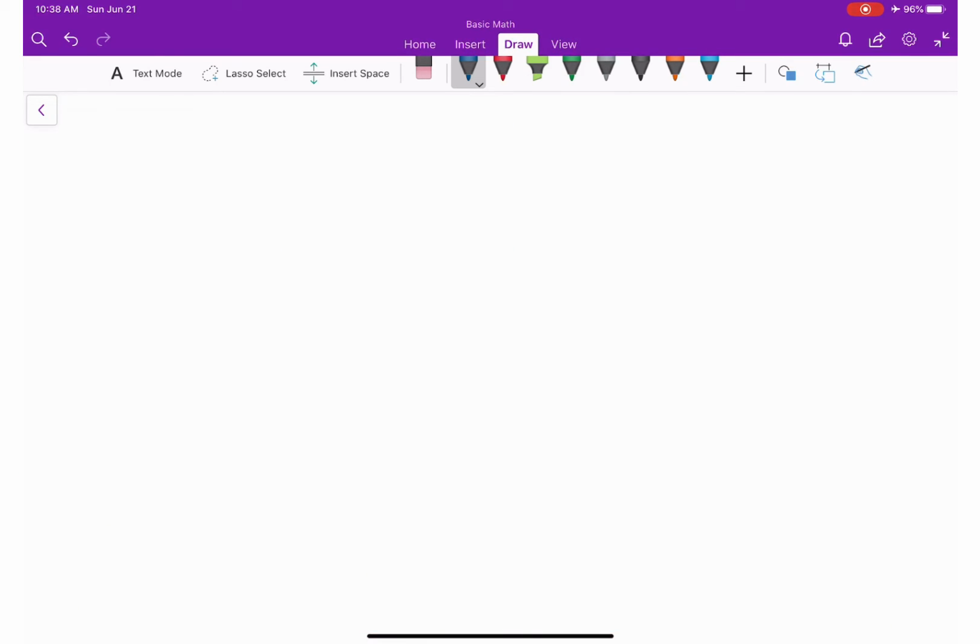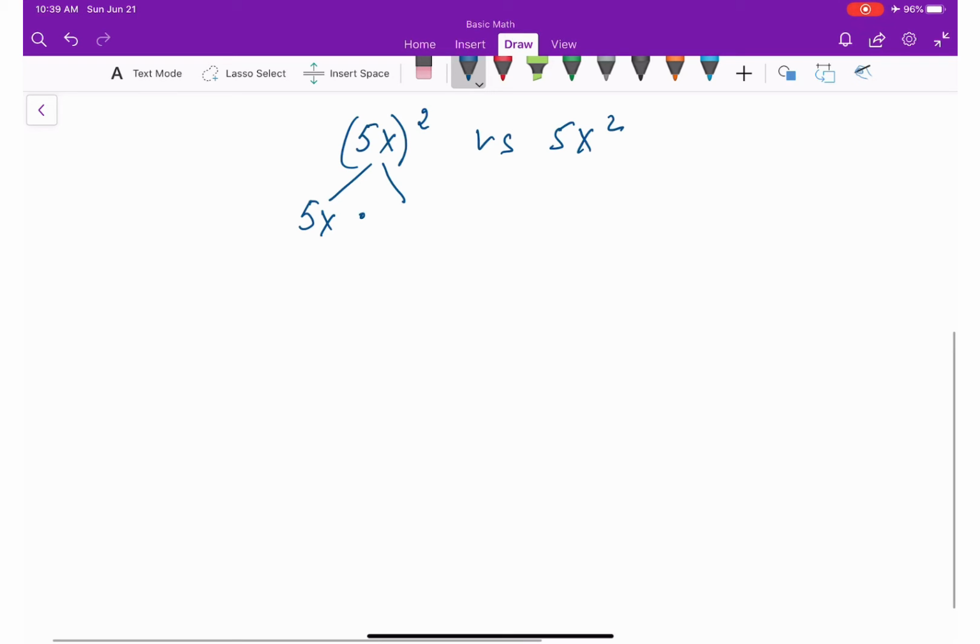So (5x) squared versus 5x squared. How to understand? What's the difference between them? When we say (5x) squared, we mean 5x times 5x.